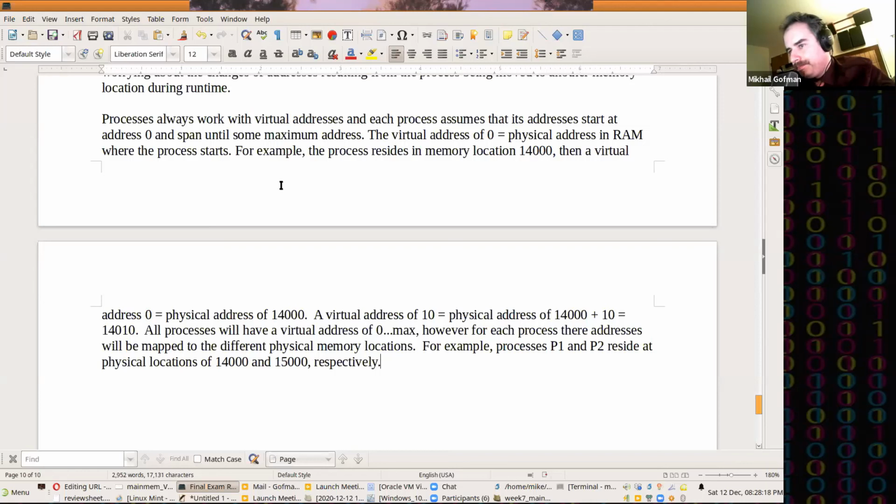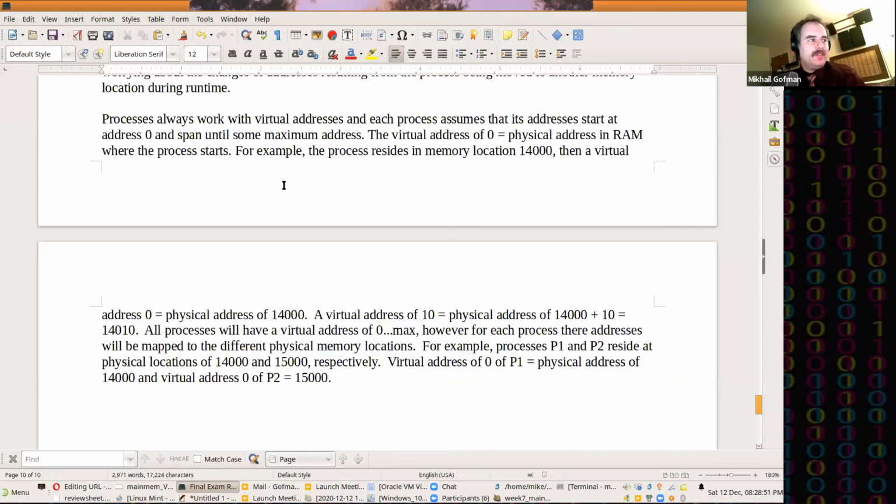Okay, virtual address 0 of P1 is equal to the physical address of 14,000, and virtual address 0 of P2 is equal to 15,000. Okay, like that. All right, that's basically the idea.